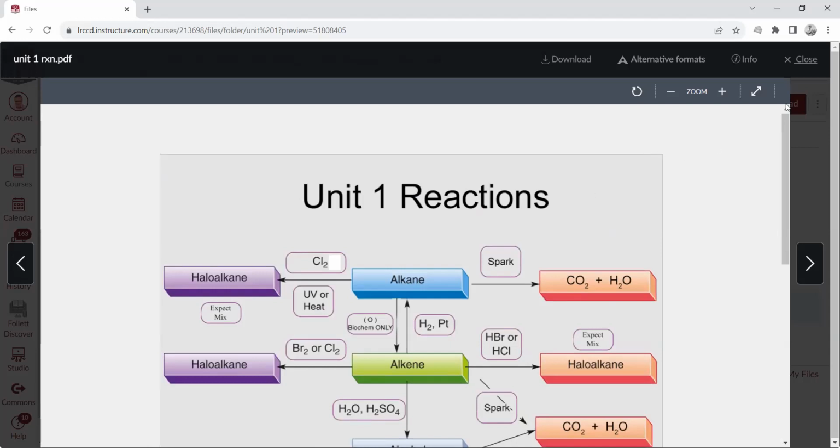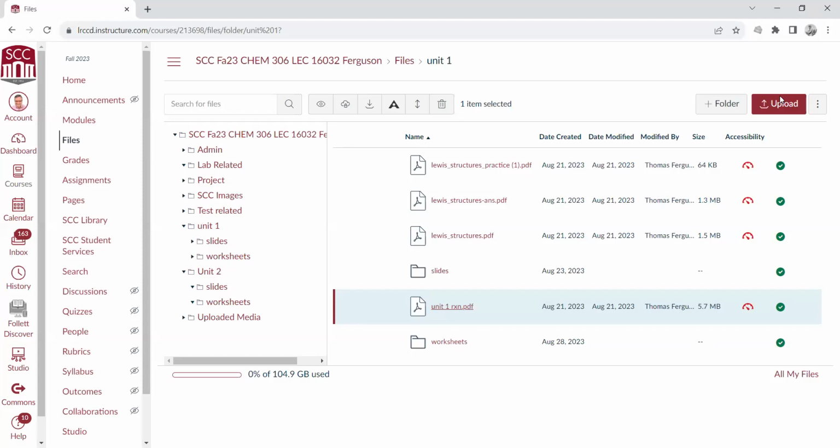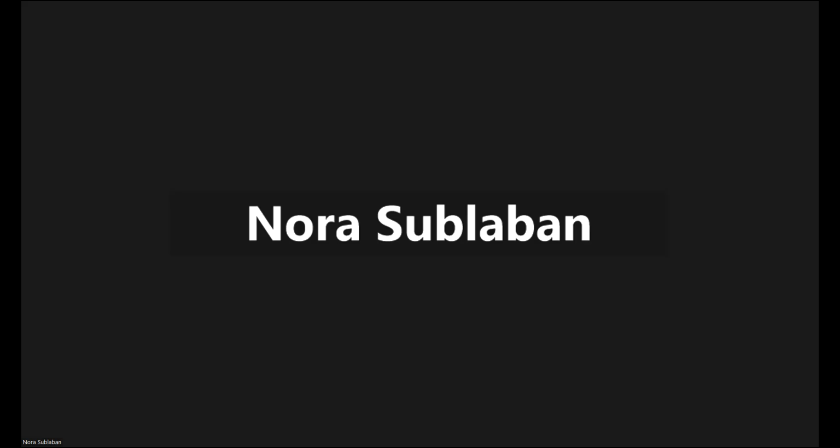In fact, I've got to modify the unit 2 reactions because it's going to be a combination of unit 2 and unit 3 from when I had a 5-unit class. But I'll post that as well. Hopefully I'll get it done today. Otherwise, I'll have to do it tonight. Okay, thank you. Sure. Okay. All right, you guys, take care.